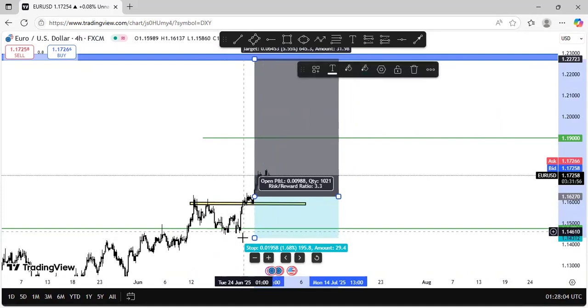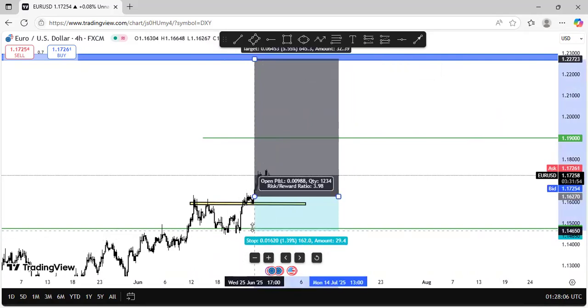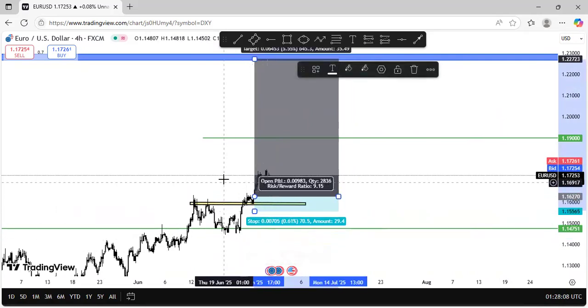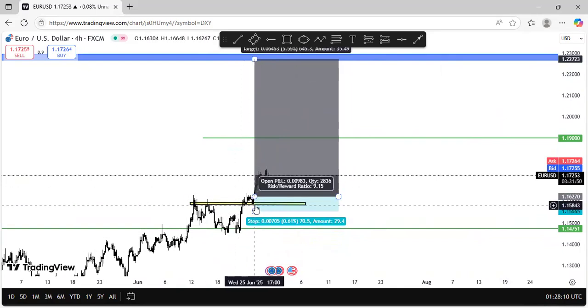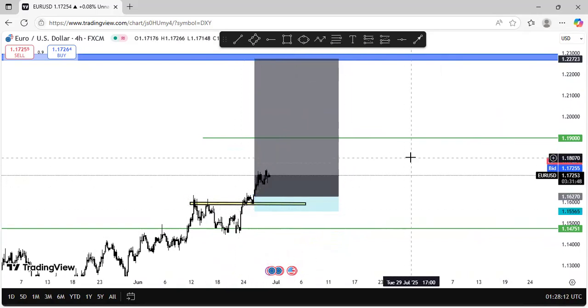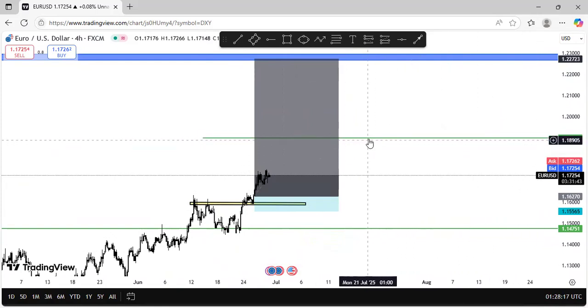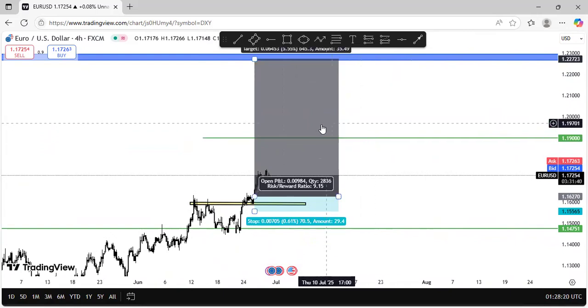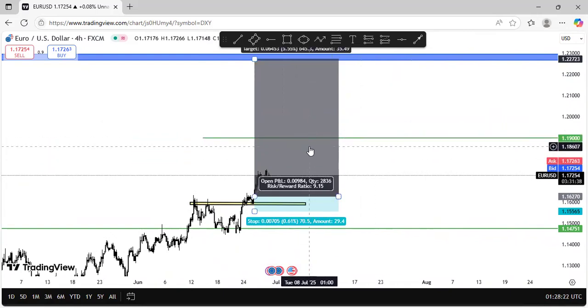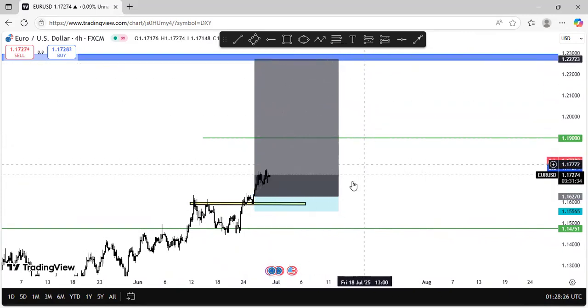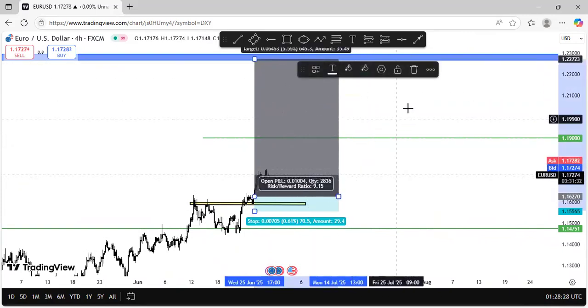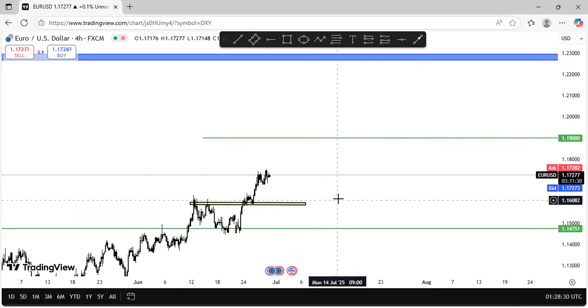Or you can probably set your stop loss around here, below this touch here, but that's quite risky. Our first take profit is going to be the 1.9000. That's our first TP. And then subsequently, if price breaks this 1.9 flat, we should have price coming to our blue zone here. So that's my analysis on the Euro USD.